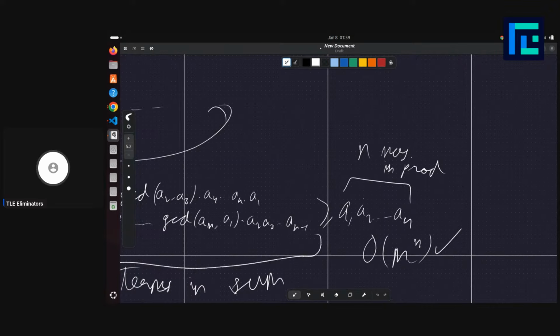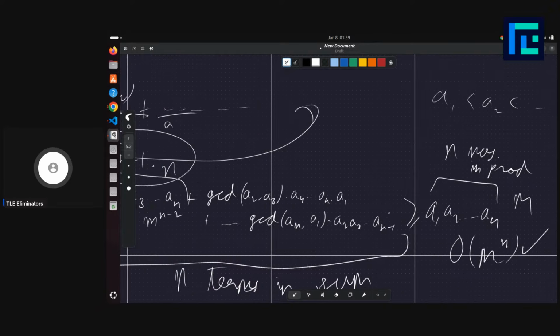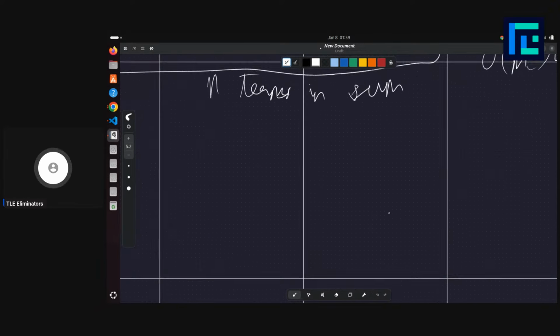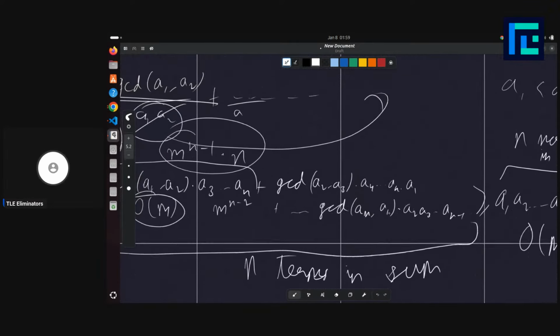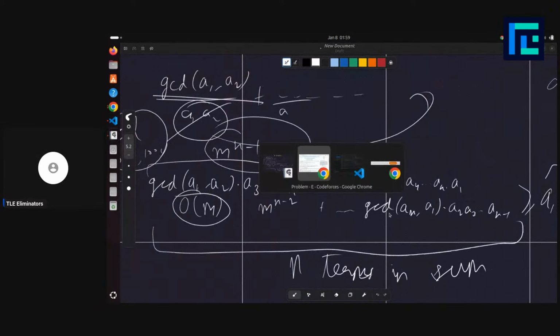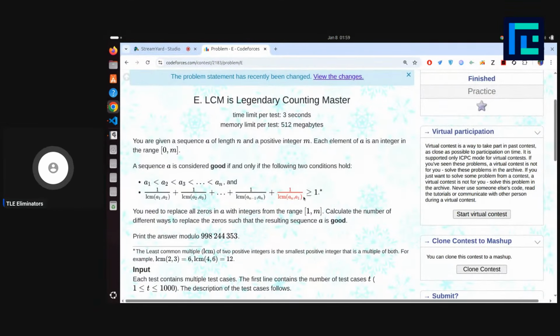And these numbers are actually not even all m, right? Since a1 less than a2 less than up to an is given, these starting numbers are actually quite less, right? So it is not even m to the power n, it is even smaller than that. So my point is that this range is very particular.